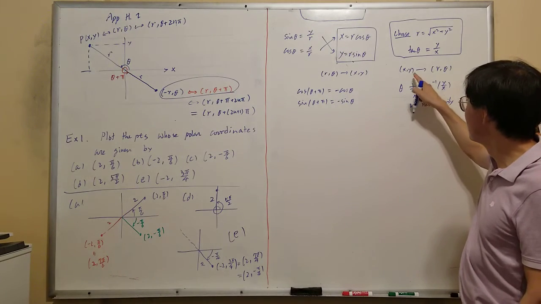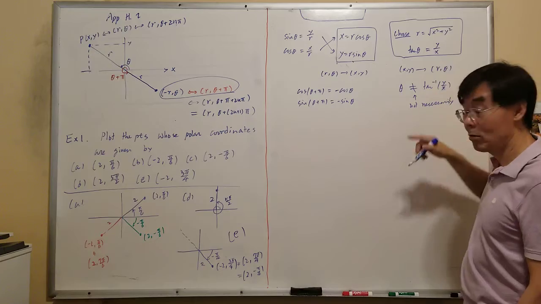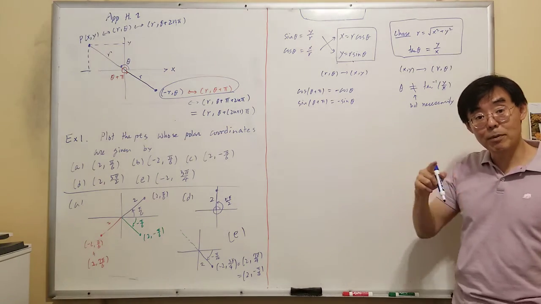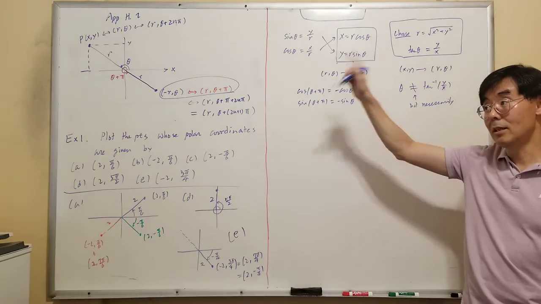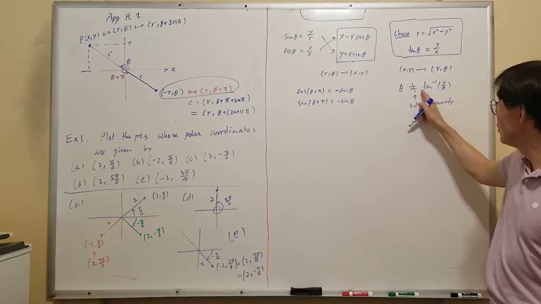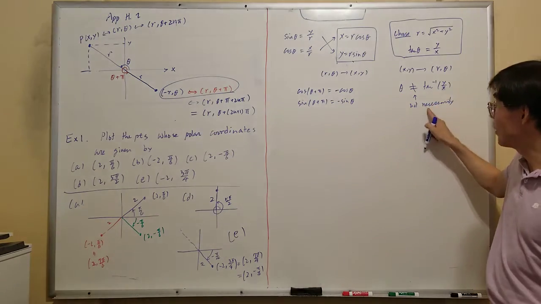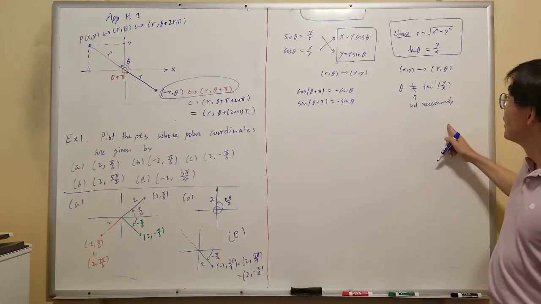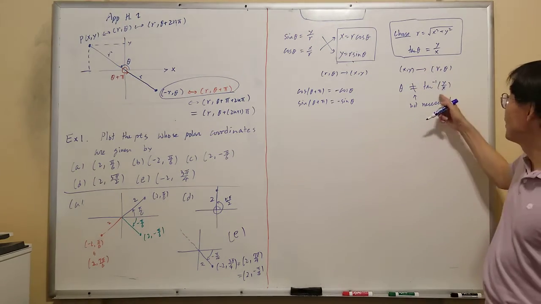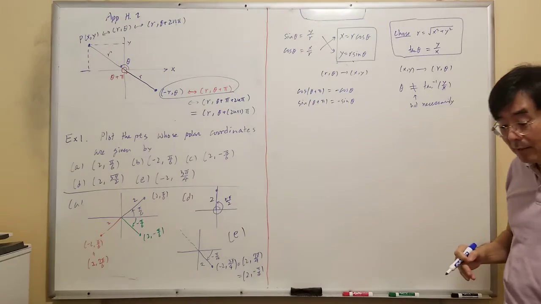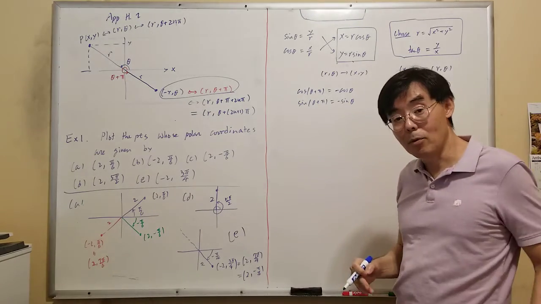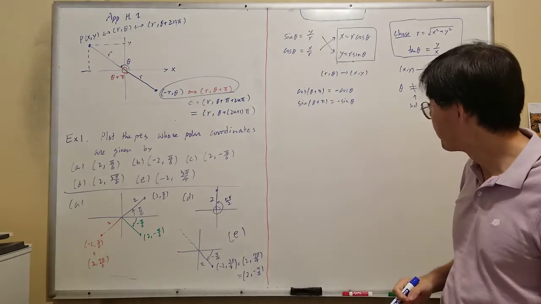Tangent inverse gives you only an angle from minus pi over 2 to pi over 2. So if xy is in the second or third quadrant, you can't get a theta value out of this. Alright, that's why. But at least this value will give us a reference angle or negative value reference angle.